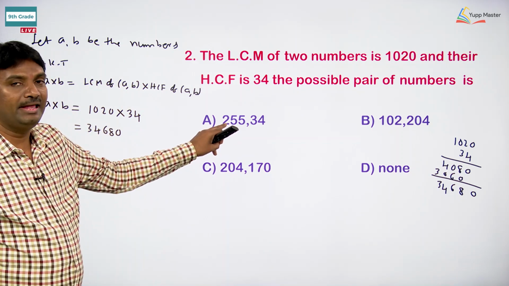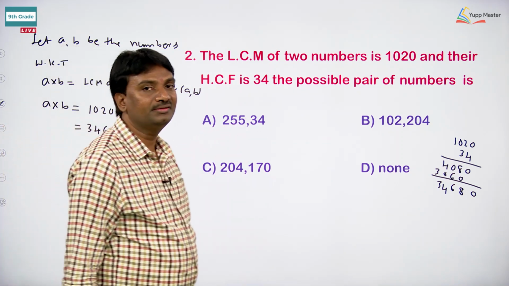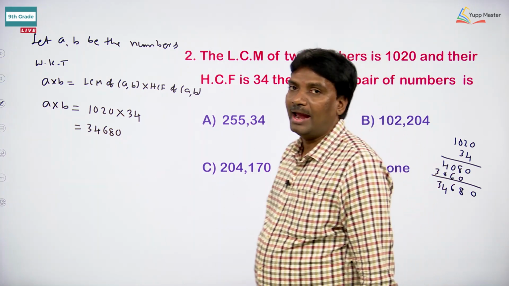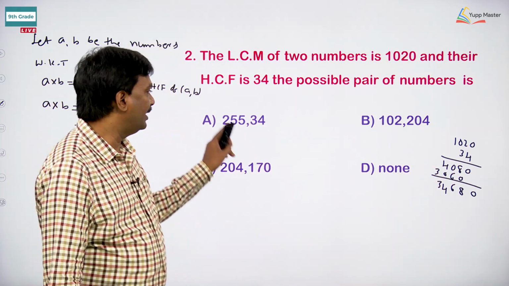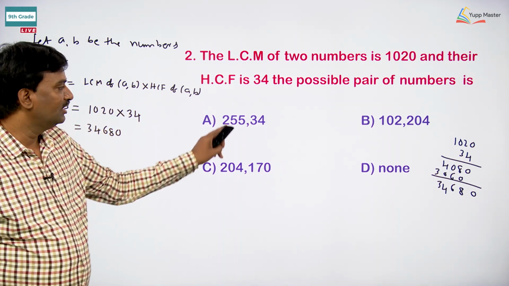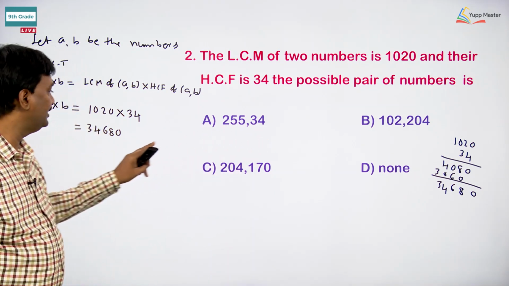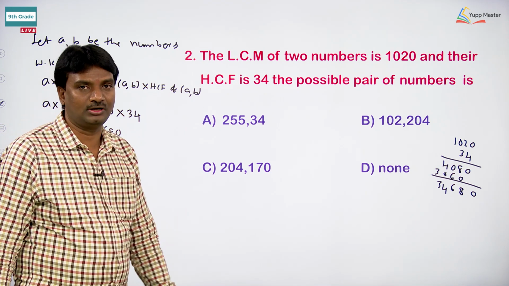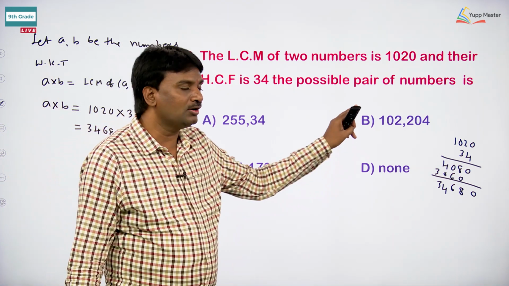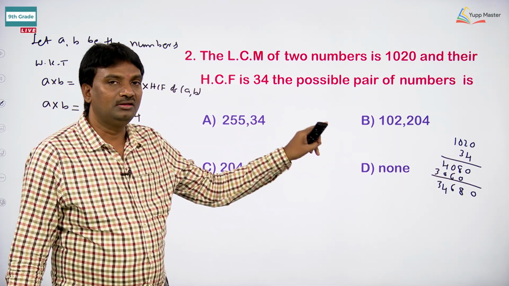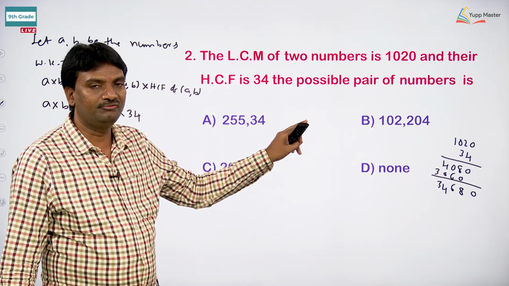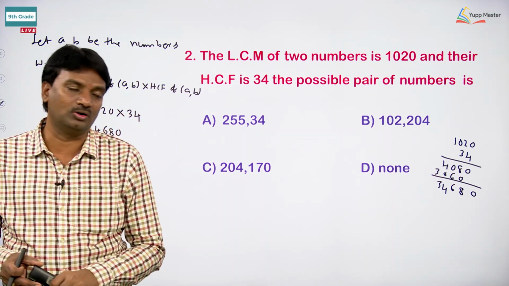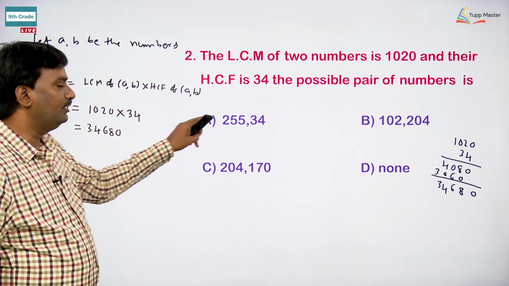Option A is given as 255, 34. If A is 255 and B is 34, and if we get the same value on multiplying these two numbers, then option A is the correct option. Otherwise, we have to check options B and C. If we still do not get the answer, then option D is the correct option. So now let us verify the options.